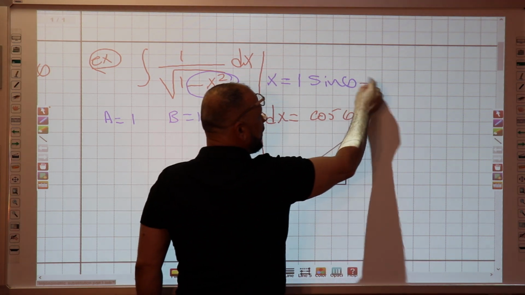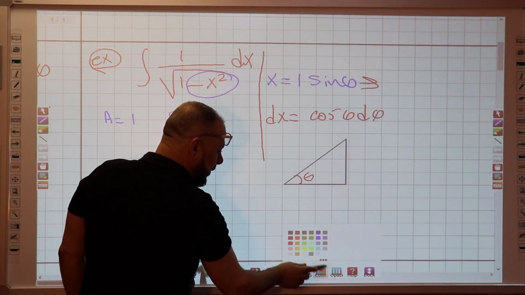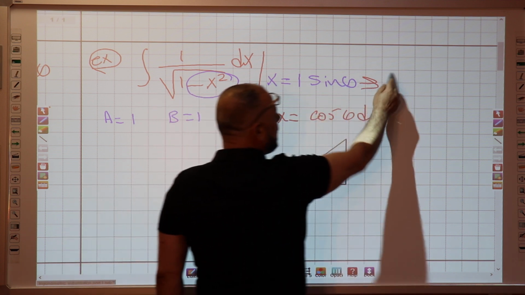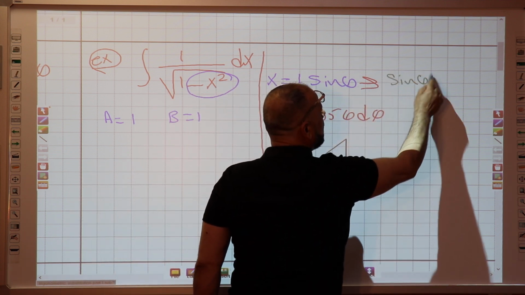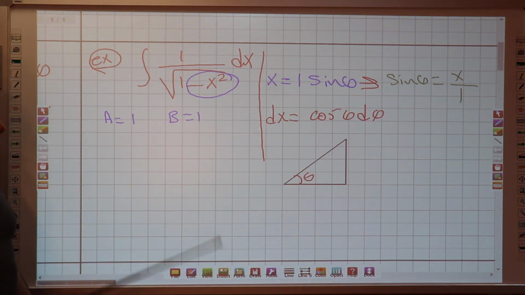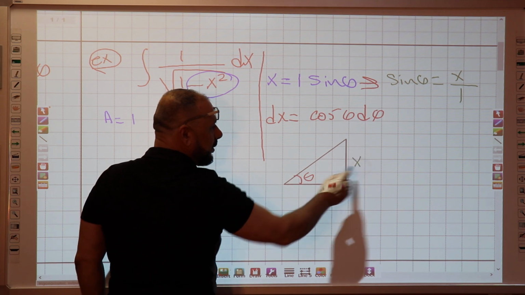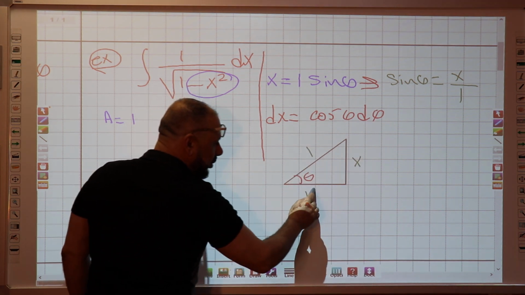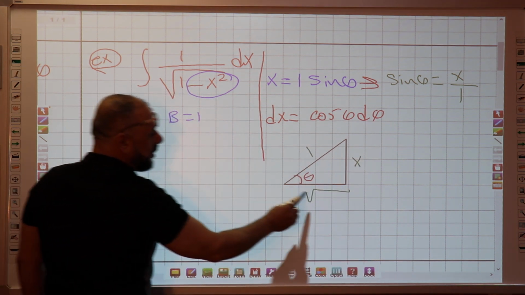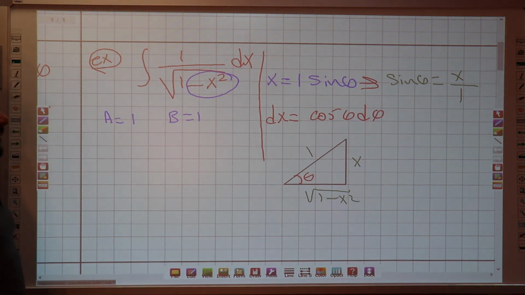And sine theta equal x over 1, sine is opposite as we said, and 1 here. And I told you the trick: the missing side always has to be this one. Good. Why I need this, you will see now.